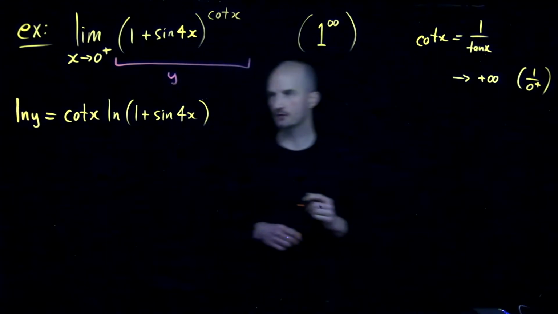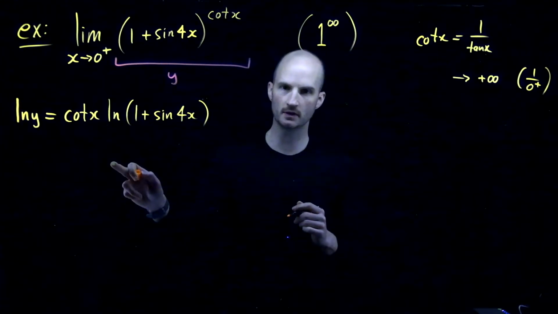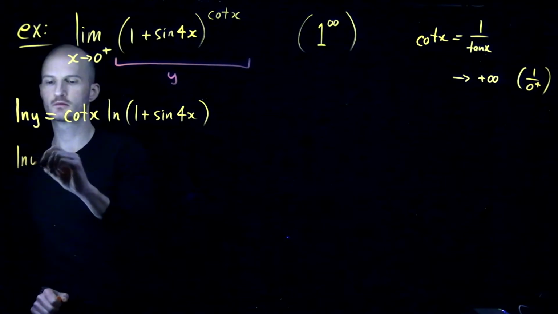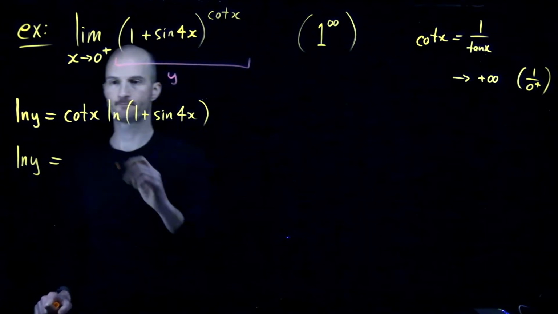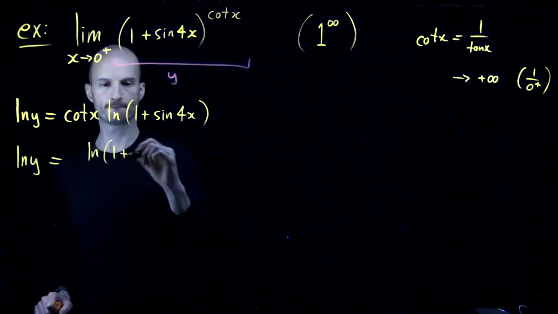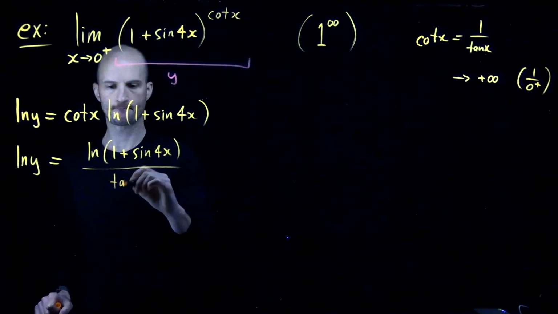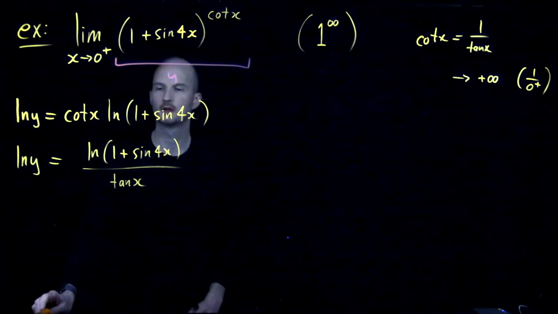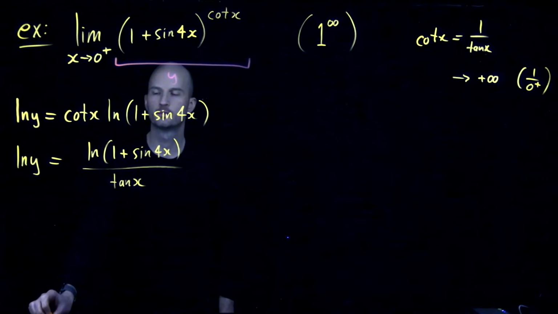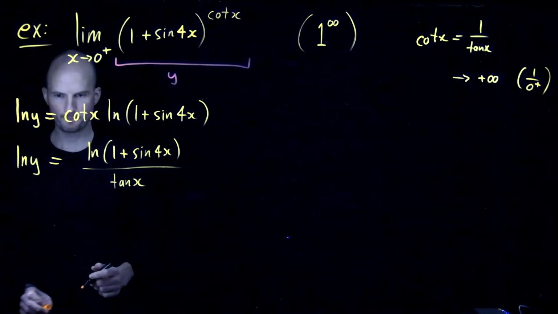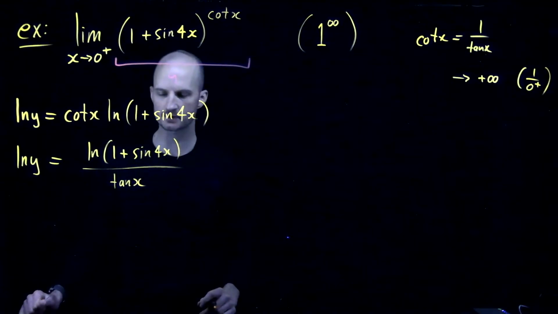Now I want to use L'Hopital's rule, so I need to form a fraction. So I'm going to pull this cotangent into the denominator, and it becomes just tangent. I'm using this formula over here. Now I can find the limits of this.